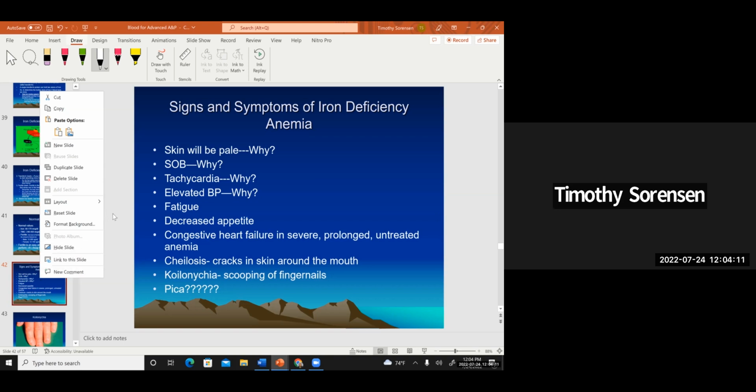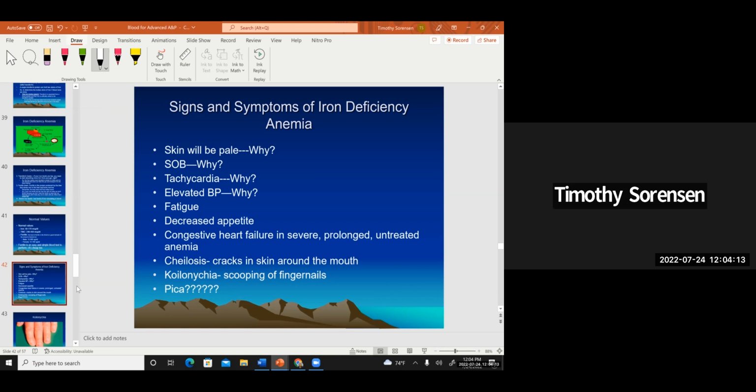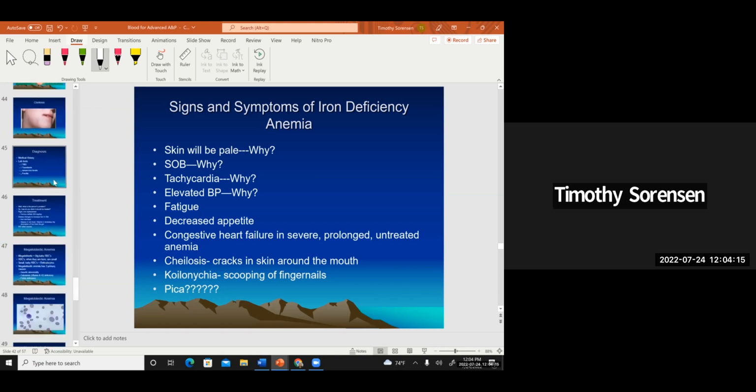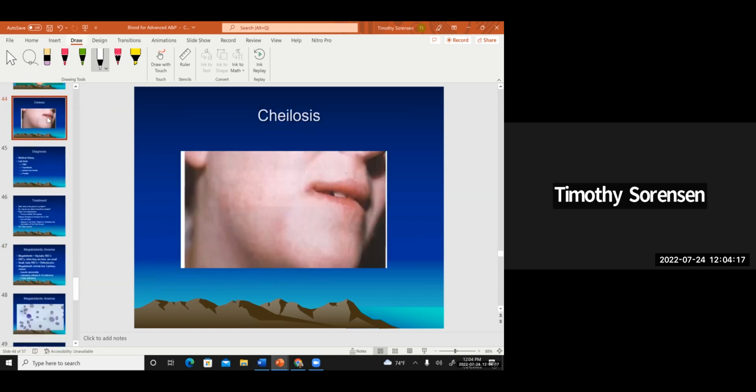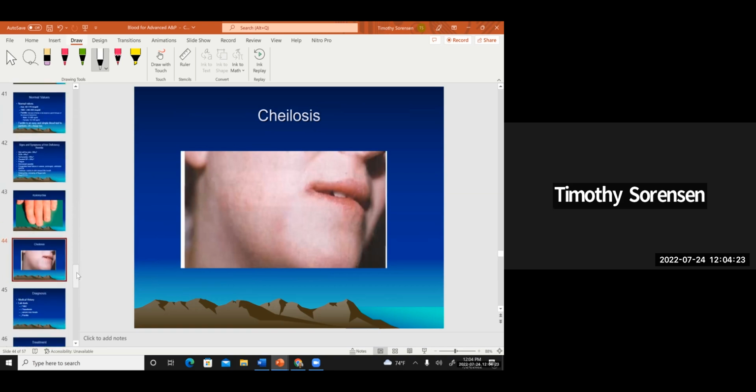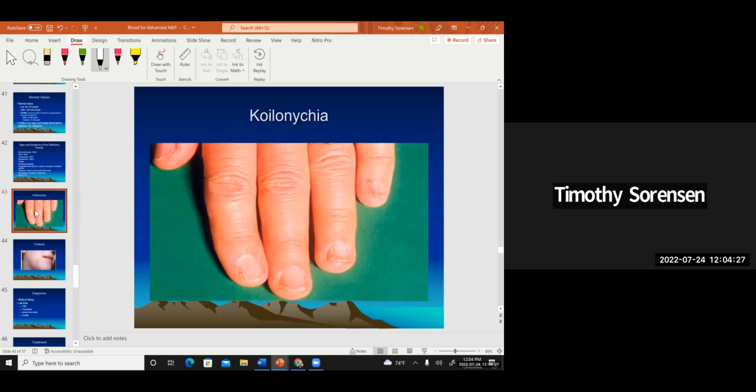I think I got a picture of it right here. They get these fissures here. And then they get koilonychia.